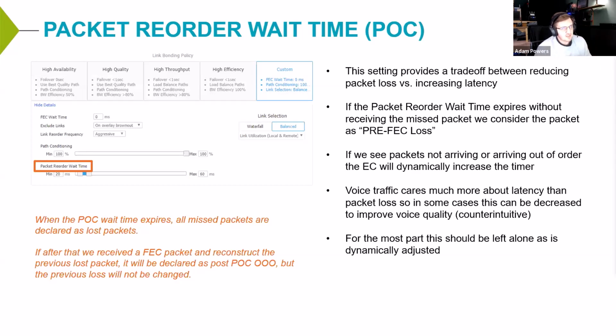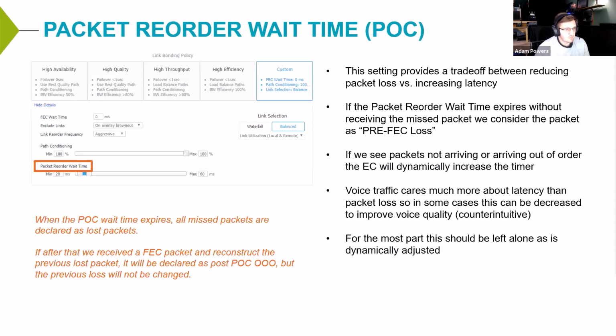So this timer has some interesting meanings. Let's say you set the min to 200 and the max to 200. You set the wait time really high. What that will do, and it's not a good thing usually, is if you drop a packet, the Silver Peak will wait up to 200 milliseconds to see if the FEC packet is going to arrive, and it will delay.